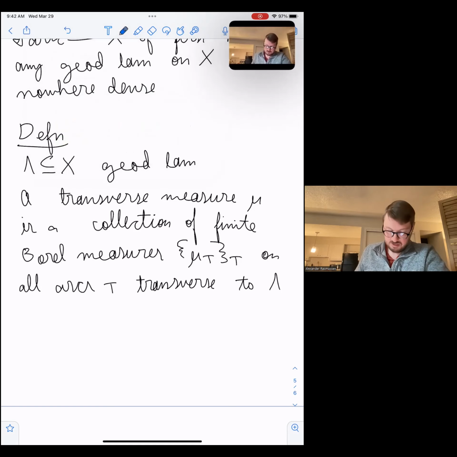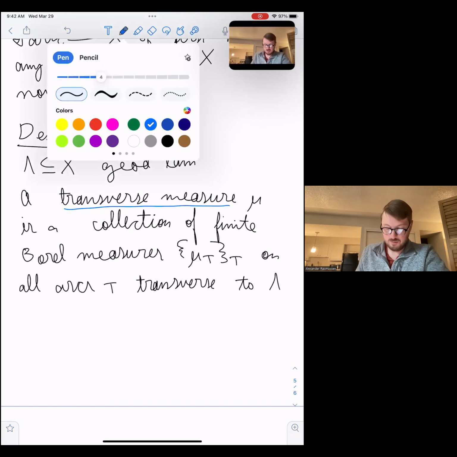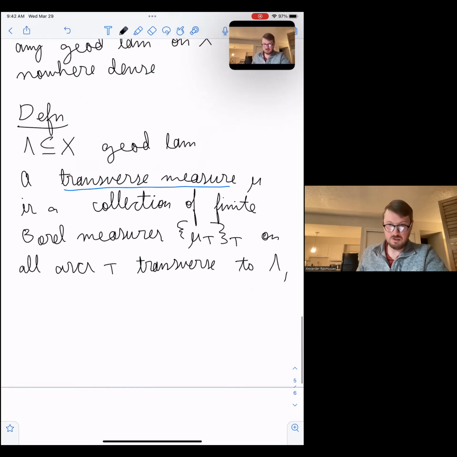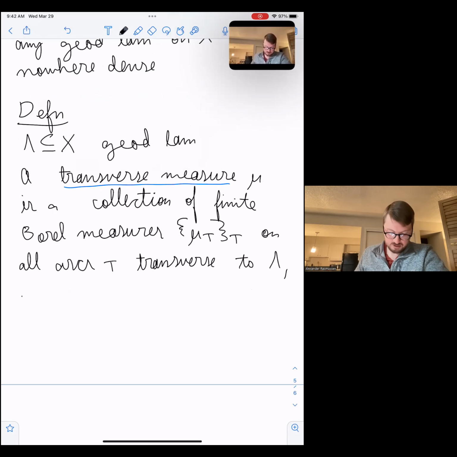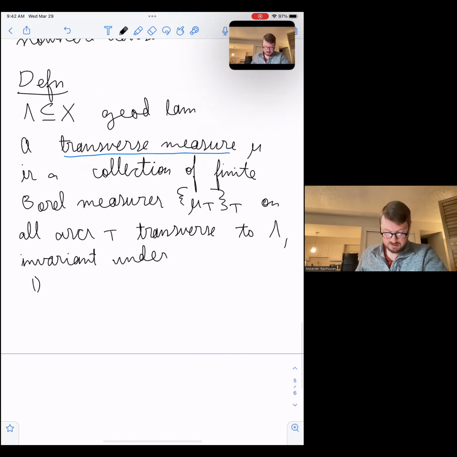Okay, so it's just a collection of measures, but we need a couple other properties. So these measures should be invariant under one, isotopies, and two, passing to subarcs.